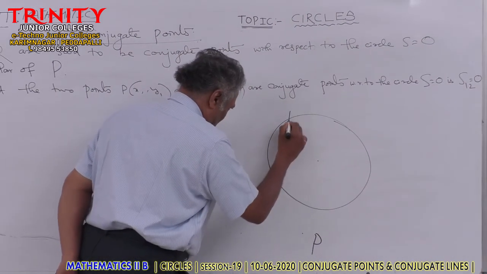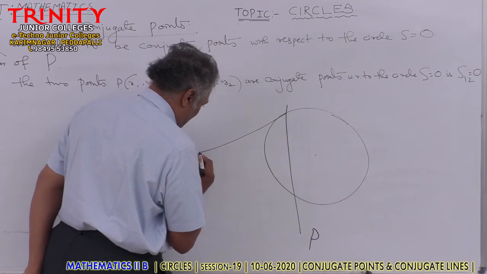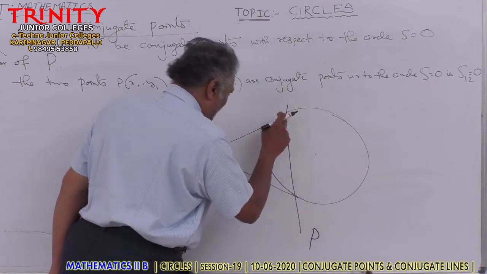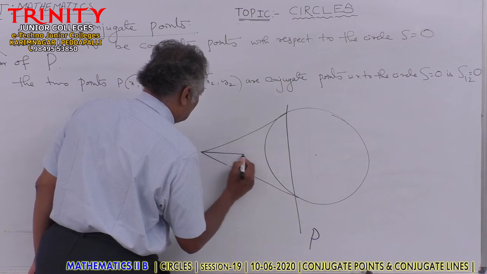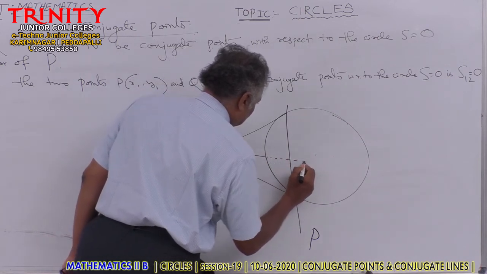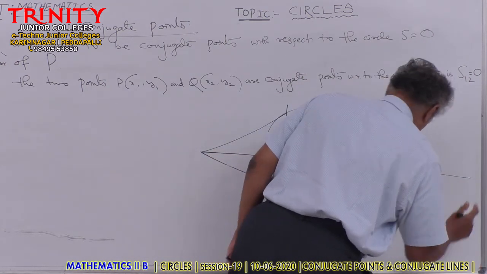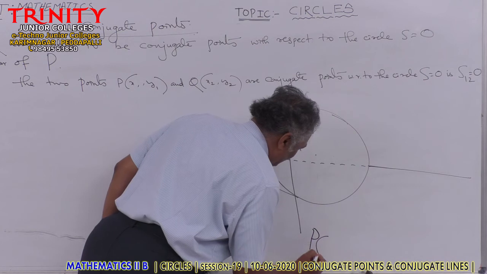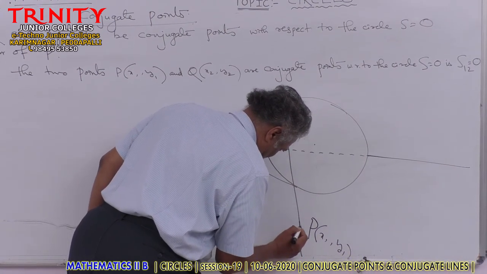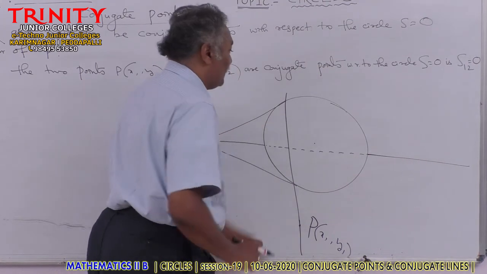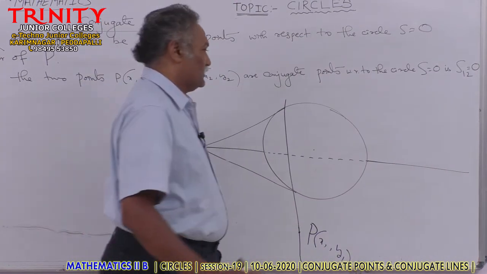It is a secant through P. These are the tangents at these 2 points. It is the polar of P, x1 comma y1.